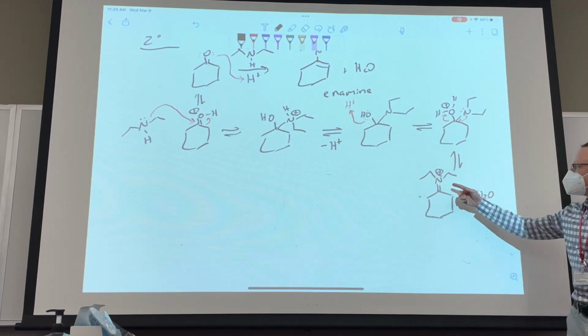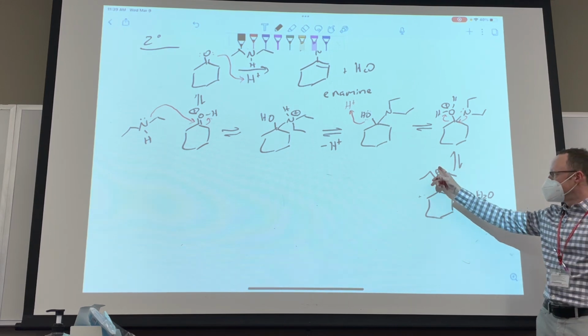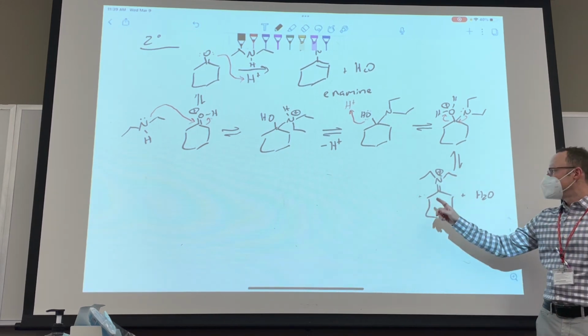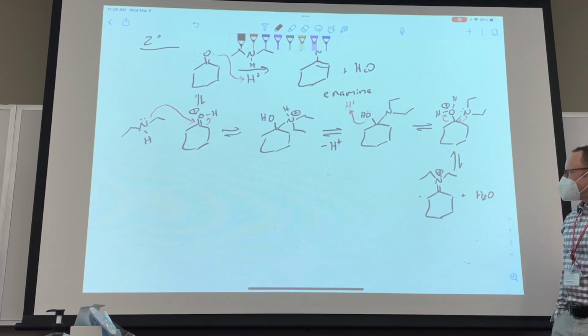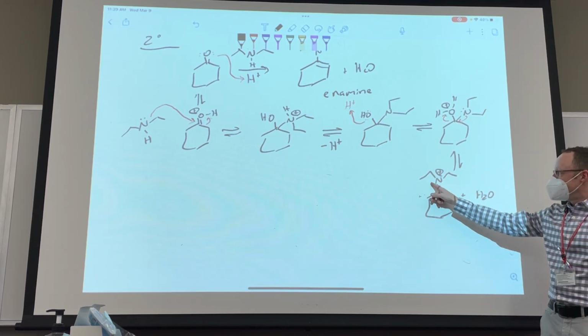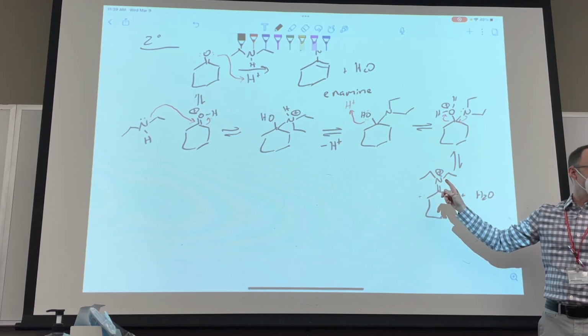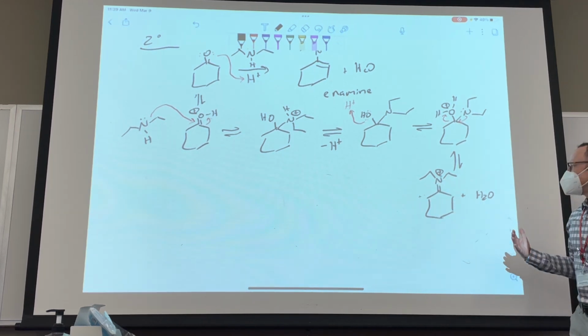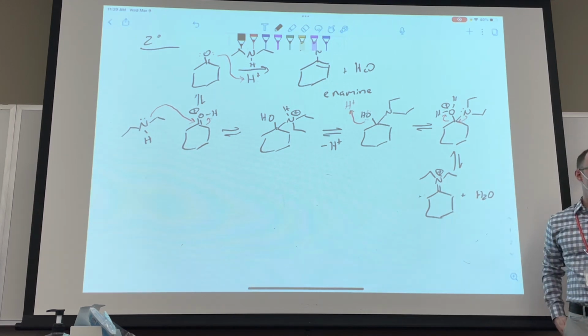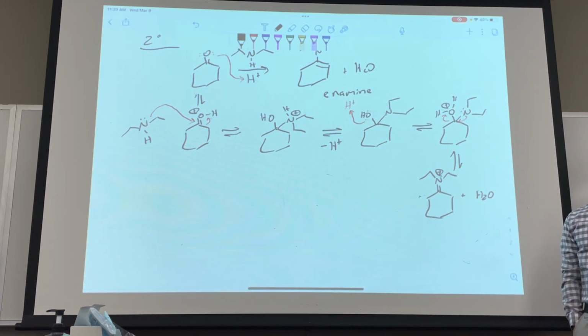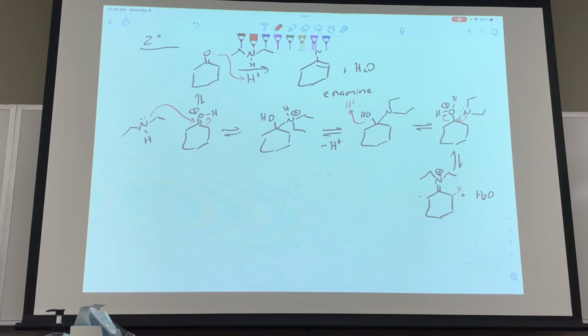And so to give nitrogen its lone pair back, all we had to do was take the H off and give nitrogen its lone pair. Well, the problem now is there's no hydrogen on the nitrogen. So we're going to have to deprotonate from somewhere else in order to get nitrogen its lone pair back. And the best place to do that is going to be right there.